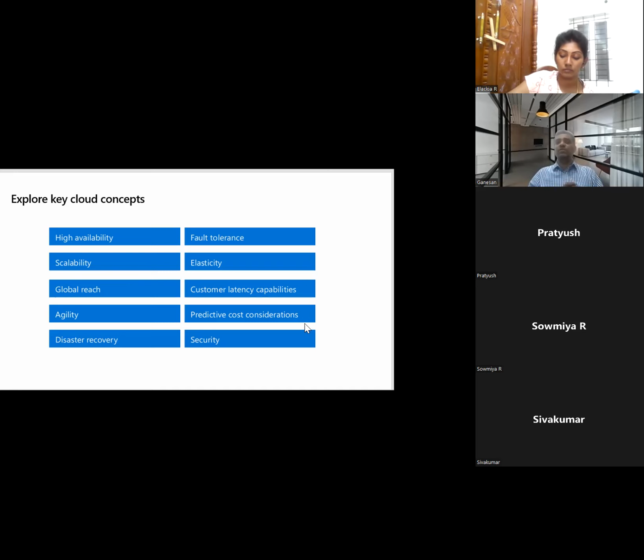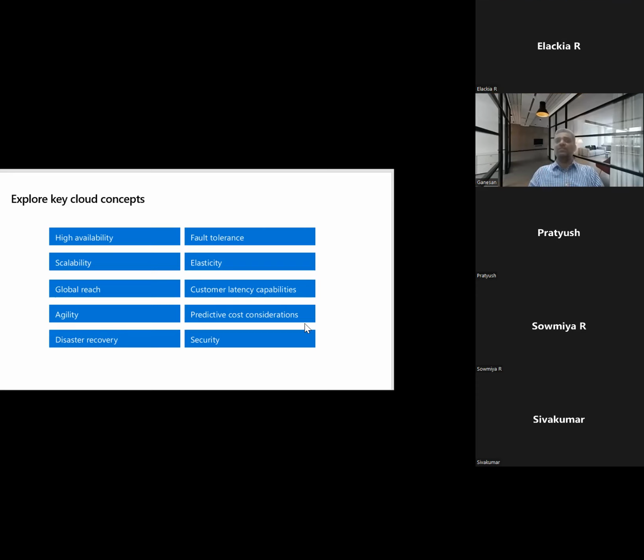Then the eighth one is that you can predict how much your IT service will cost, which was highly impossible before. For example, I'm starting a startup company. I want to know how much my bill will be each month if I rent 3 servers. Okay, you can predict it; the portal will say how much it will cost. It's the same as a prepaid taxi. Some time back, if you went for an auto or a taxi, they would say, sir, it's metered, whatever the meter shows, you pay.